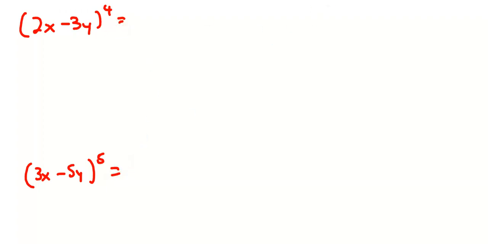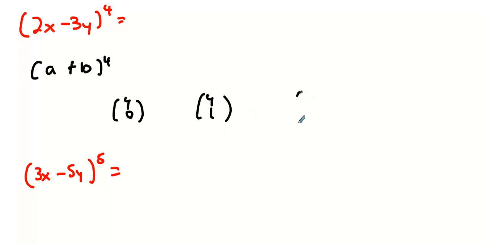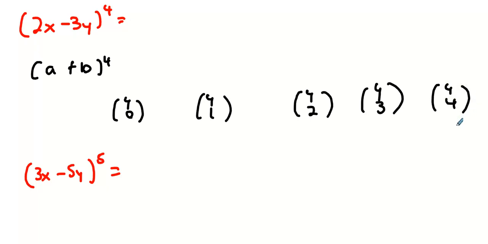The best way to tackle these questions is pretend it's just a plus b to the power of 4 to begin with. Okay, what are the numbers you're going to want? 4C0, you're going to want 4C1, you're going to want 4C2, 4C3, and 4C4. Is that right? And are those numbers 1, 4, 6, 4, and 1? Everybody cool with that?